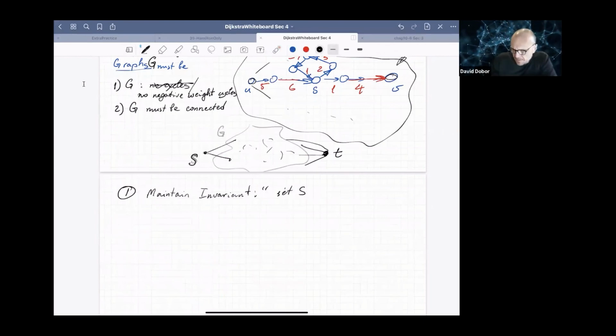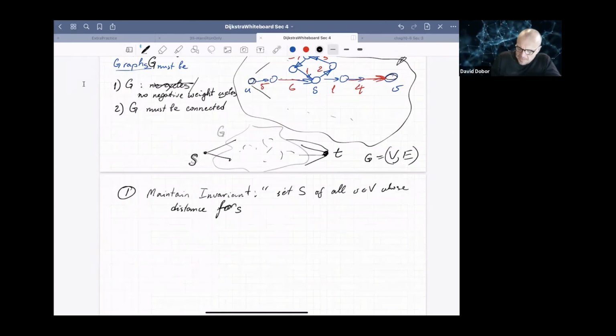The set S of all vertices, my graph is like V, E, all vertices, whose distance from s is known to be optimal. Let me just put optimal. That is, you know the shortest distance to those vertices from s.